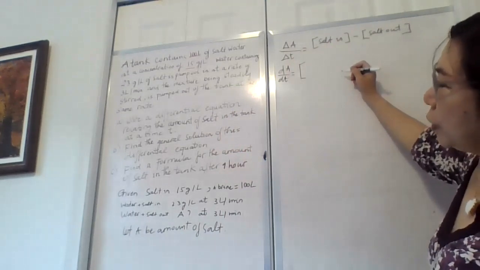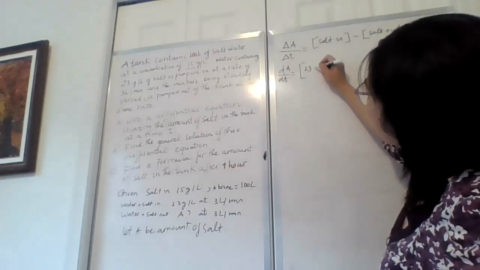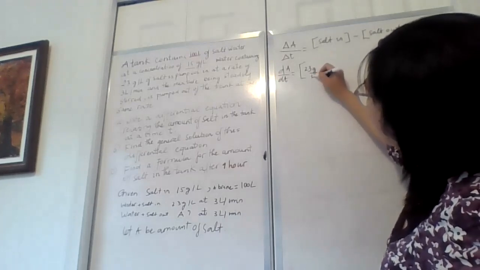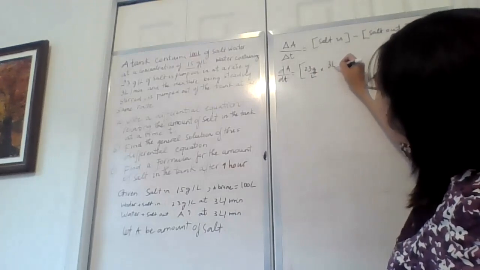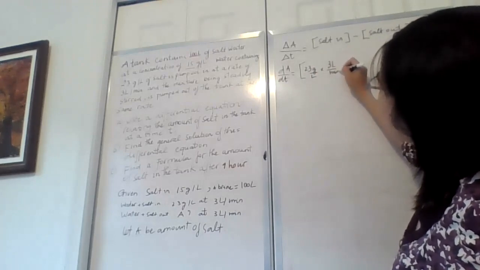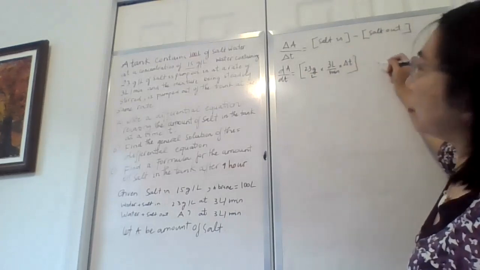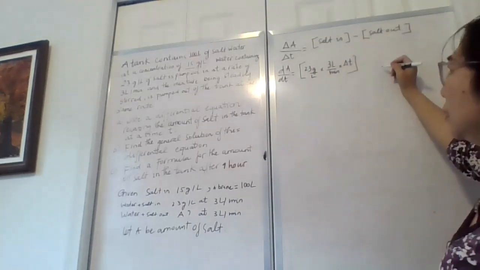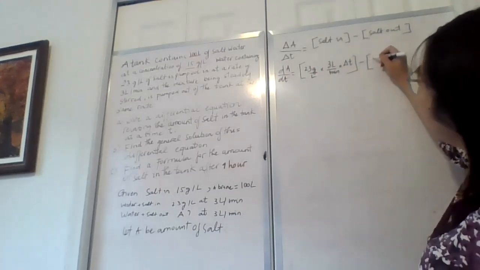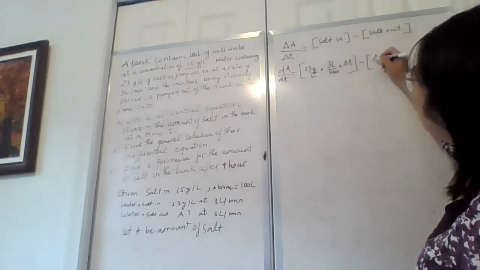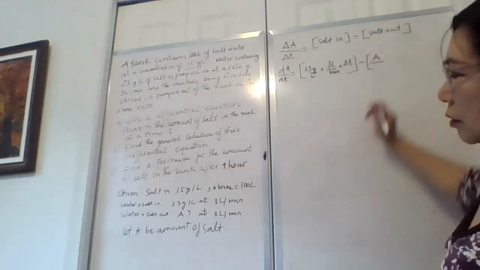Now we know that we have 23 grams per liter coming in, so I'm going to write 23 grams per liter, times the rate coming in, 3 liters per minute, times delta T, depending on how long we pump it in. Minus the amount of salt, let's call it A for now. But remember, this A is not just A.